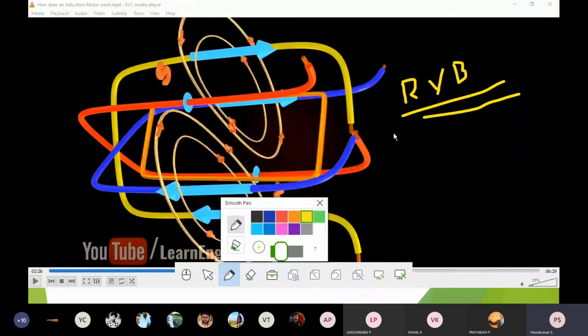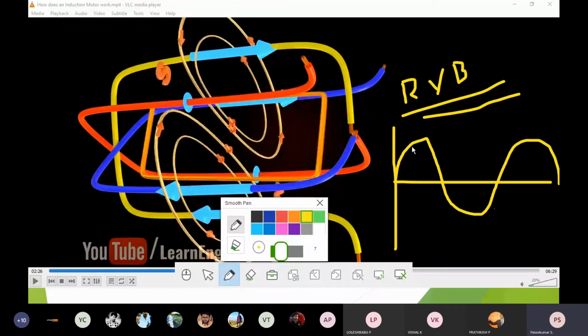The main thing is, whenever we see a sinusoidal wave, it has three different phases. Suppose I assume this is the reference R phase. Compared with the R phase, the Y phase will be 120 degrees lagging, whereas the B phase will be 240 degrees.